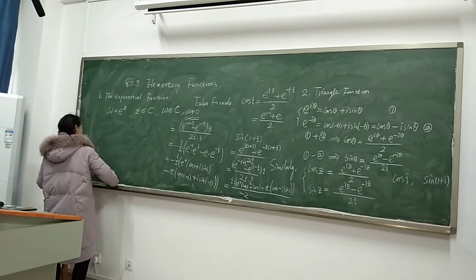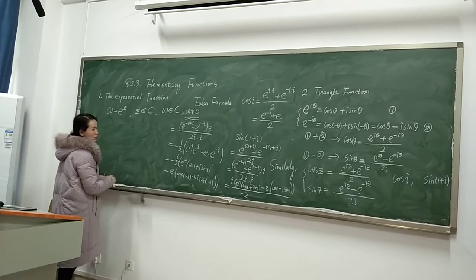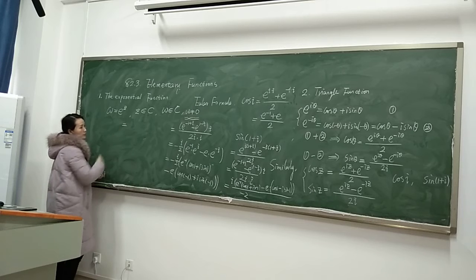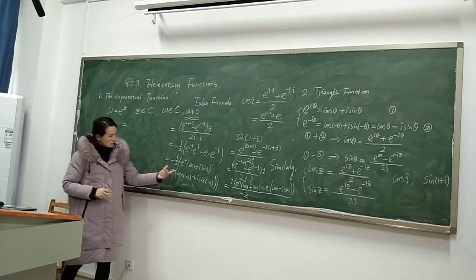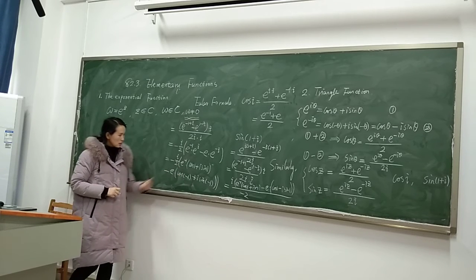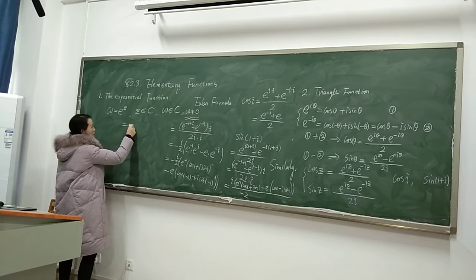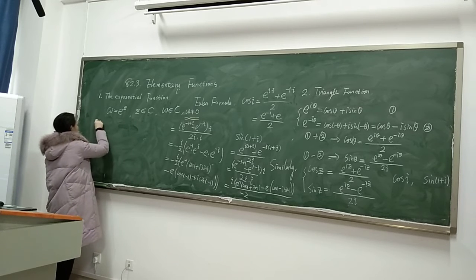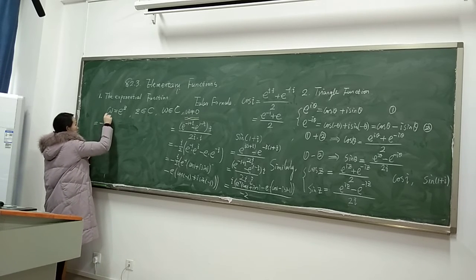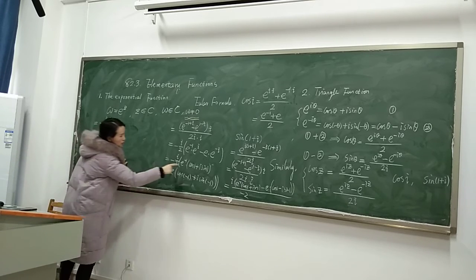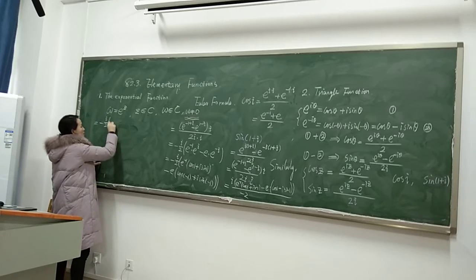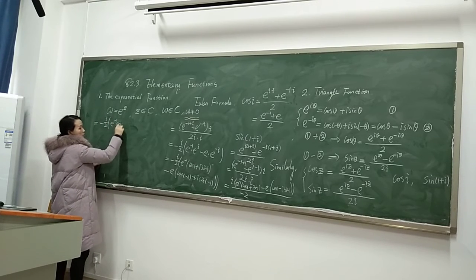Not finished. Continue. This is e negative 1 cosine 1.